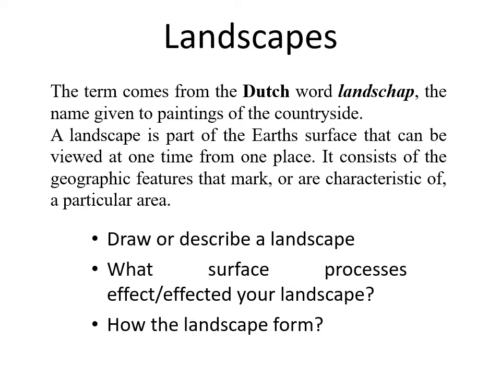So to demarcate this kind of superficial feature, people use the term landscape for those paintings. Now, in science, scientists or geologists took that term from the Dutch painting world, and they used the term landscape to demarcate the earth's surface that we observe at one time from one place.